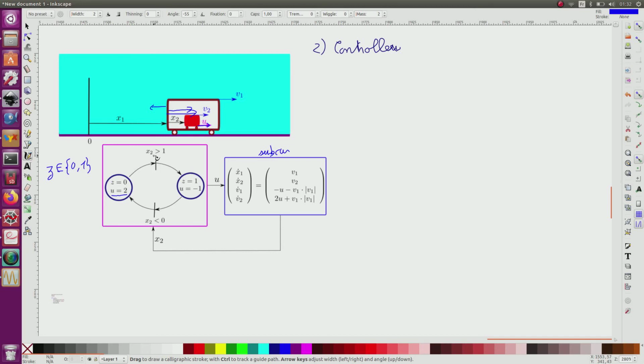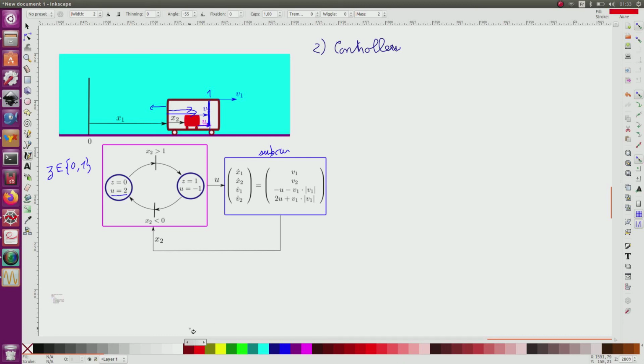I will stop as soon as x2 goes beyond a given limit, which is here equal to 1. So when x2 is greater than 1, I stop accelerating and I switch to this state. Now z equals 0 and u equal to -1, so it means that I will decelerate.